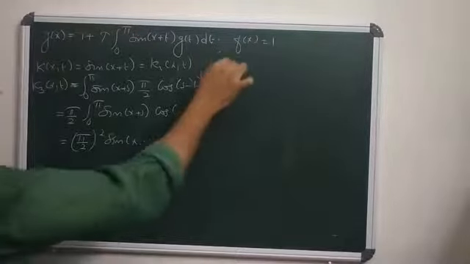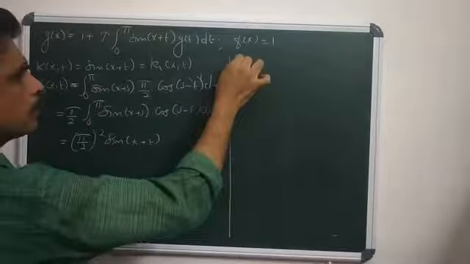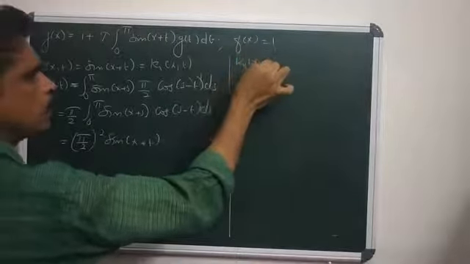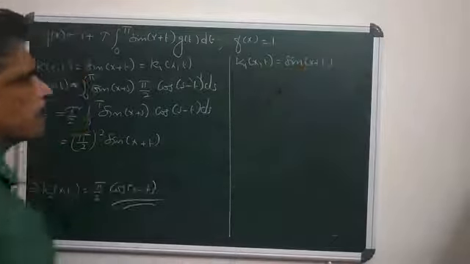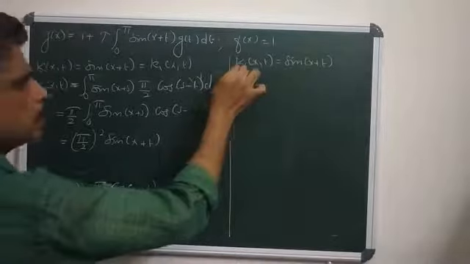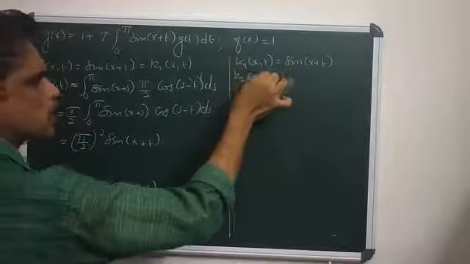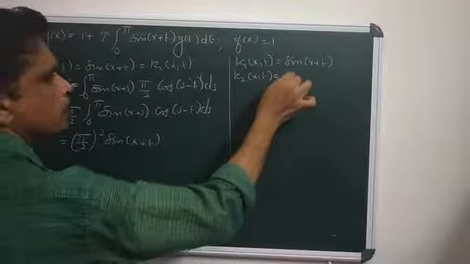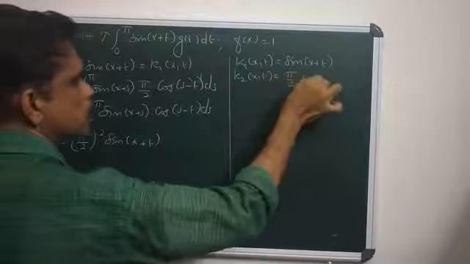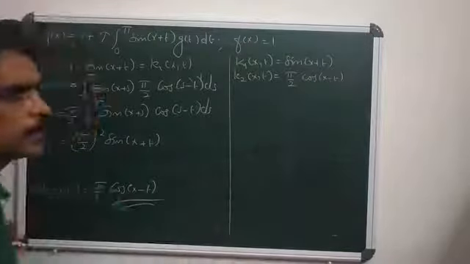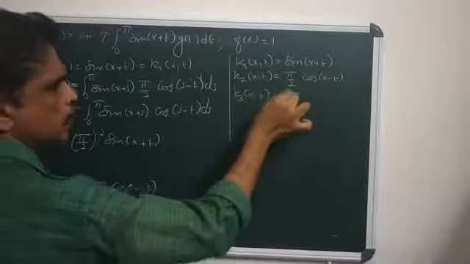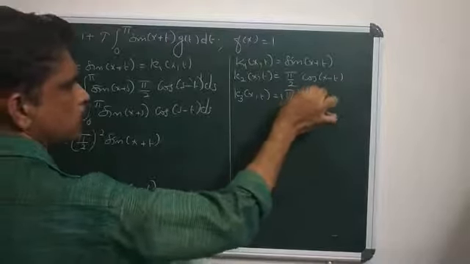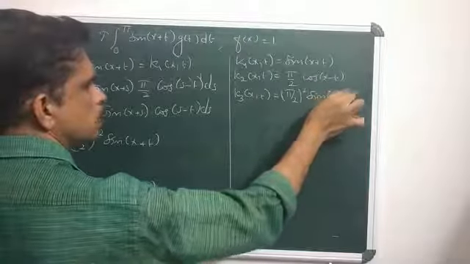So k1(x,t) is sin(x plus t), k2(x,t) is pi by 2 times cos(x minus t), and k3(x,t) is (pi by 2) squared times sin(x plus t).